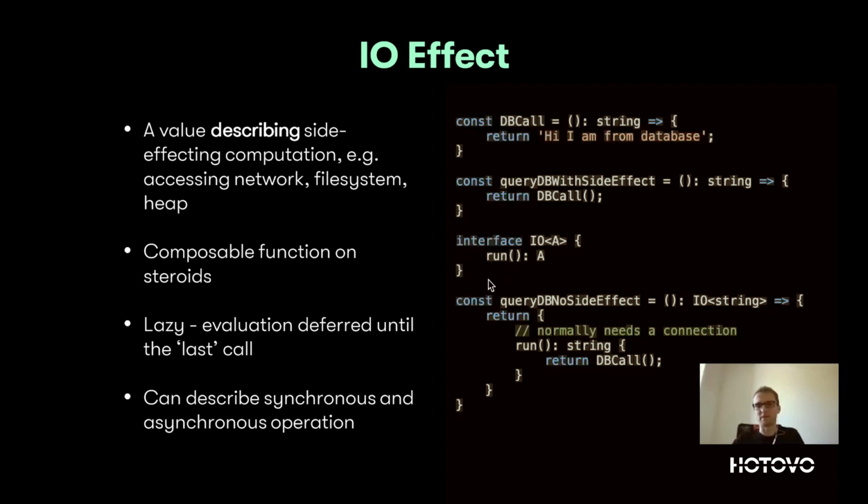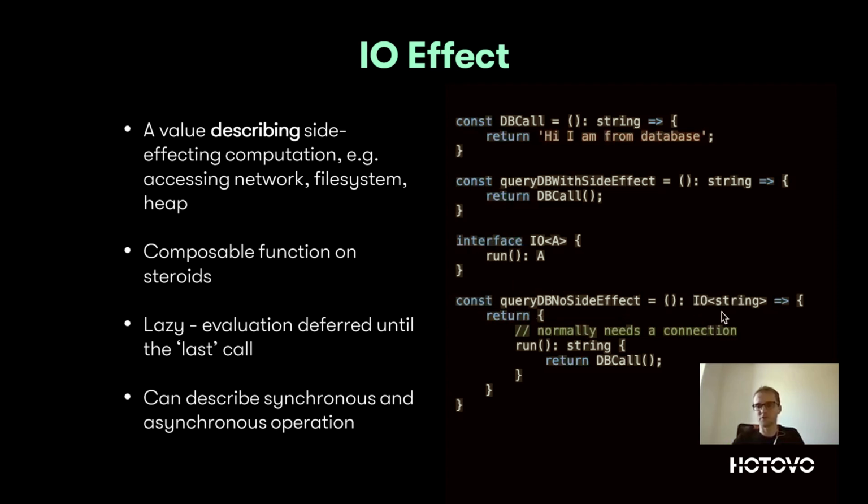Now here we have an interface named IO. So this is our IO effect. This is a really simple version of an IO effect. It is basically just a function run wrapped up in an object. So here we would have a pure function that would return an IO effect.